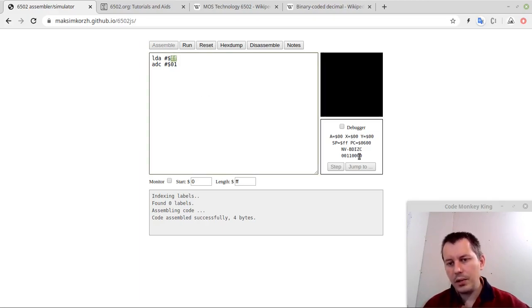Also it kind of overflows, or rather it exhausts the bits that can be stored within the 8-bit register, and hence the carry flag is going to get set. If we run this as well, we have A equals ff, and in the next step the carry flag is set and the 0 flag is set as well.